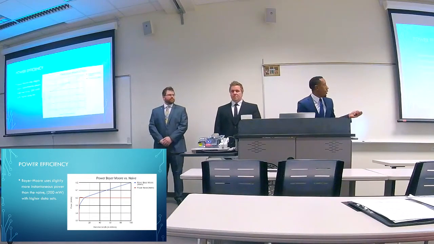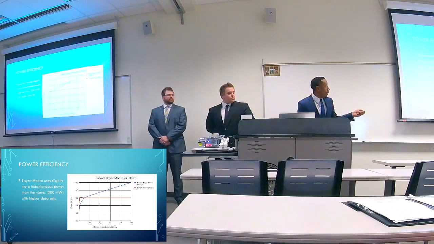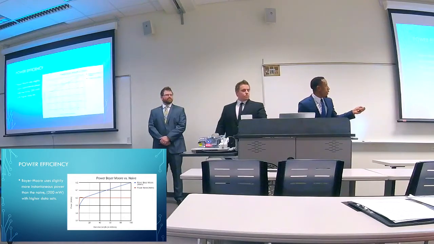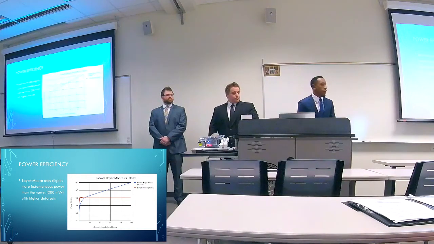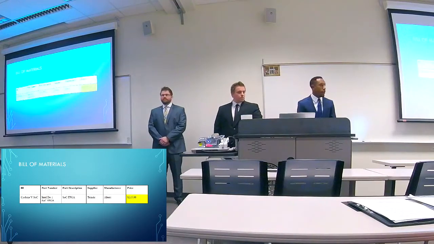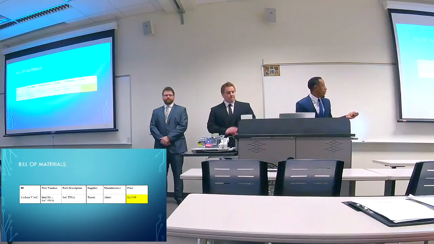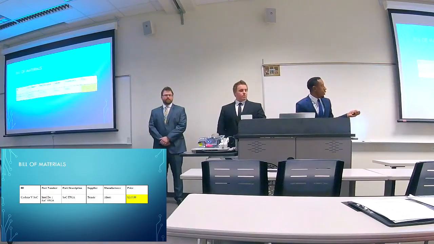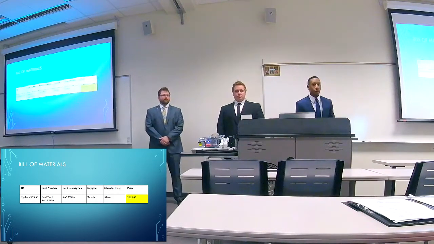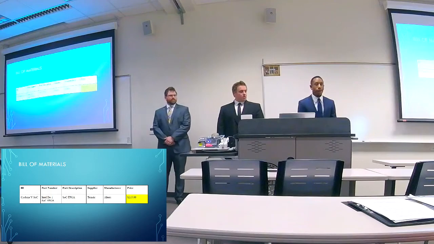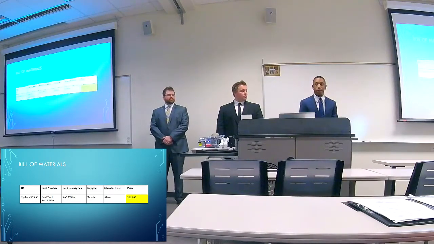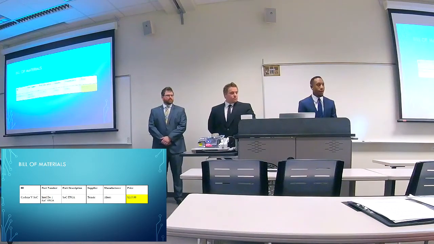And getting into the Boyer-Moore versus the naive, you see that this blue graph is the Boyer-Moore, which uses more instantaneous power, although average power would be less. And the bill of materials, which was the Cyclone 5 SoC, we split that between us and UAS, and that was, again, the optimal choice because some of these can get to $30,000.